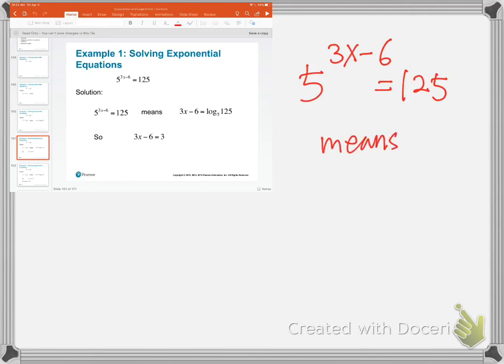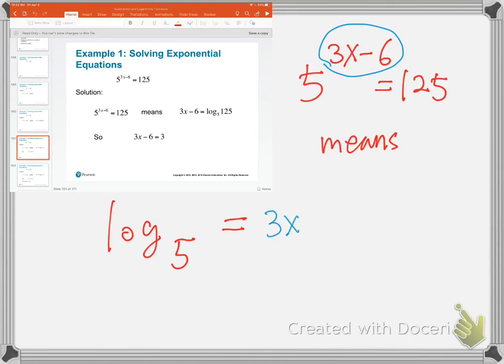So this means log with base 5. The exponent 3x minus 6 will be on the right hand side, and the 125 will be inside the log.